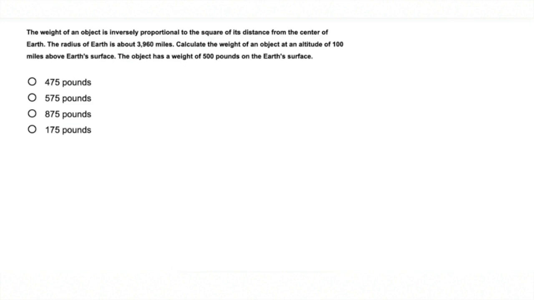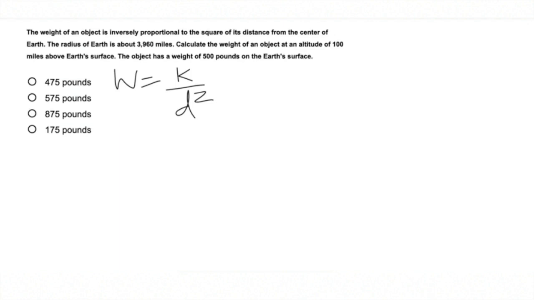To solve this problem, we can use the formula for inverse proportionality. W equals k over d squared, where W equals the weight of an object, d is the distance from the center of Earth, and k is the proportionality constant. We are given that the object has a weight of 500 pounds on the Earth's surface, which means when d equals 3,960 miles.